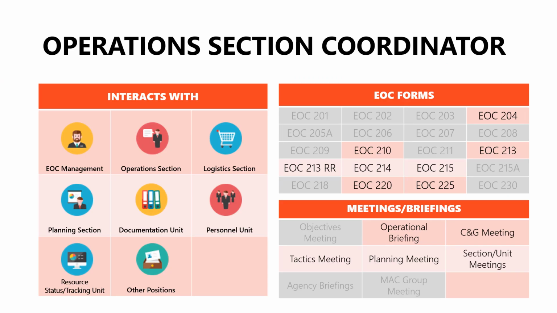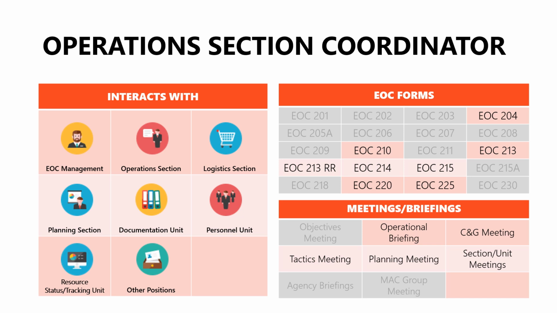The operations section coordinator is going to activate organizational elements within the operations section as needed. They're going to monitor those section activities continuously and modify those as needed. They're going to determine the section unit staffing and order and release the staff as necessary.